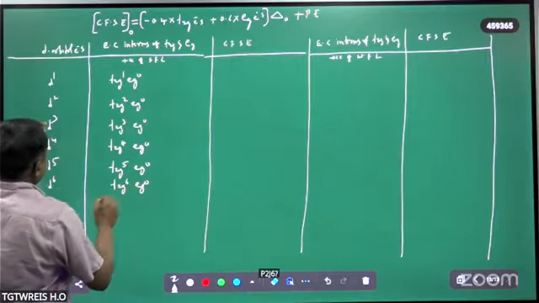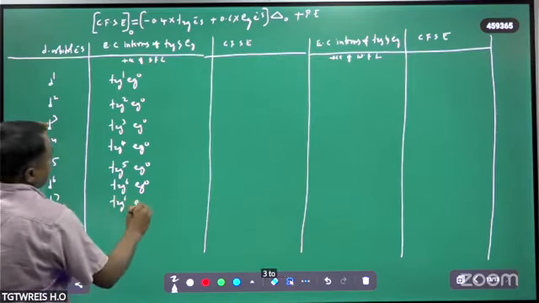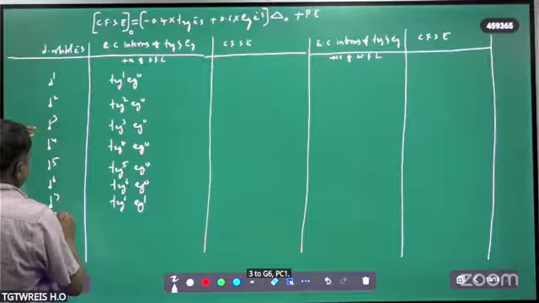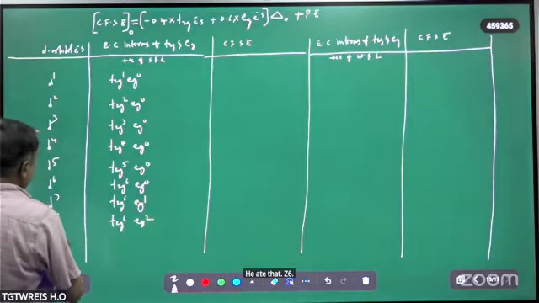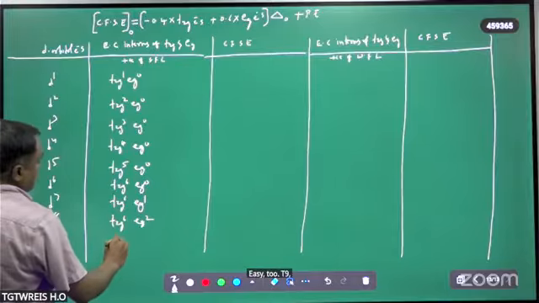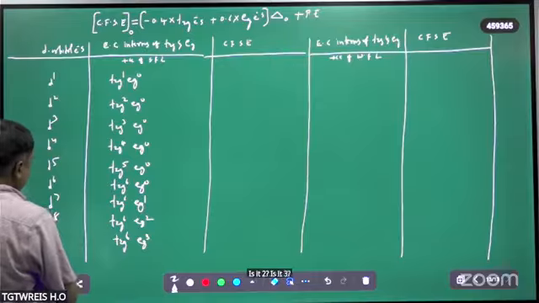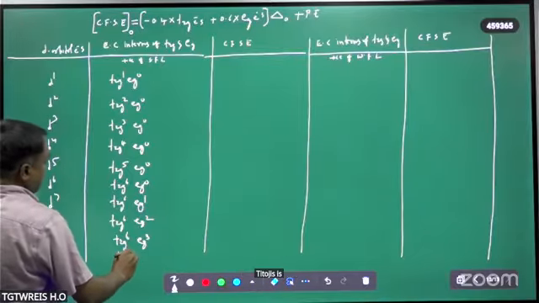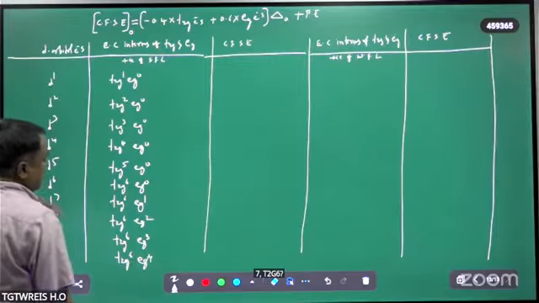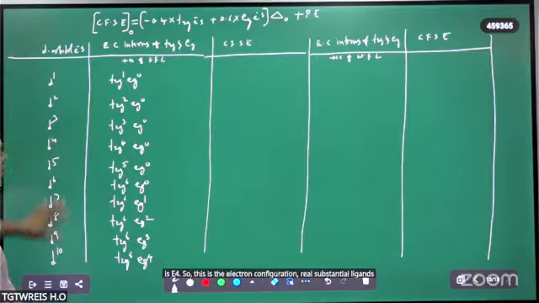Next d7, t2g6 eg1. d8, t2g6 eg2. d9, t2g6 eg3. d10, t2g6 eg4. So this is the electron configuration in the presence of strong field ligands for d1 to d10.